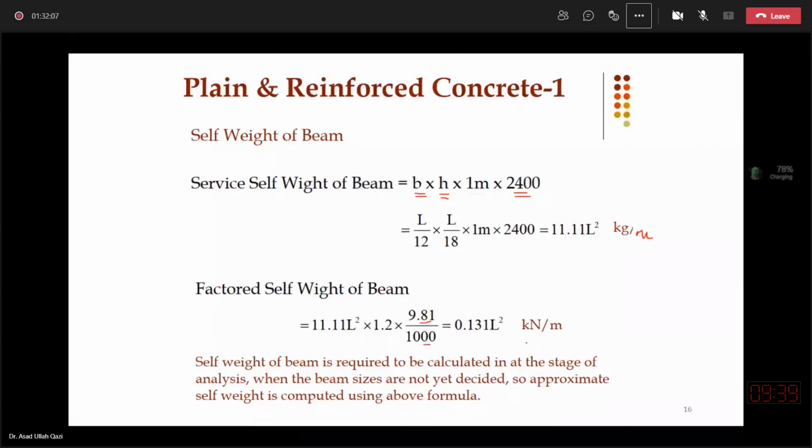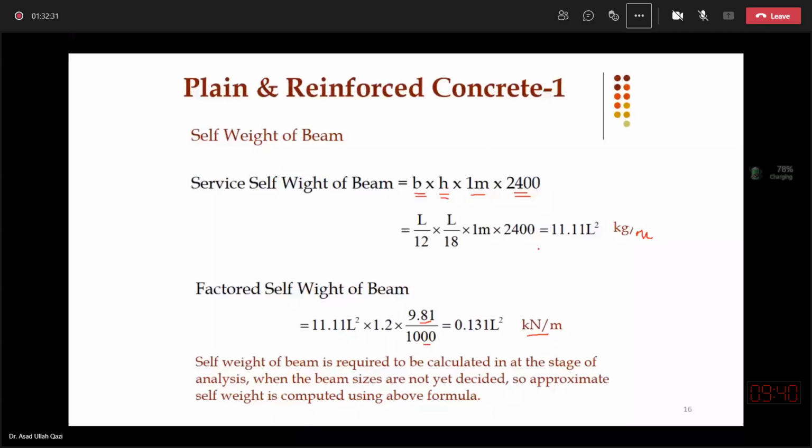They are actually working on a typical cross section where B has the relationship with span by 12 and H has the relationship as span over 18, and for per meter length you are estimating the self weight, so you may get such kind of equation.